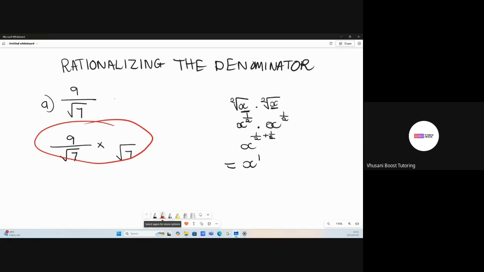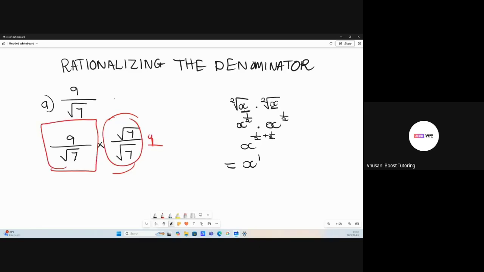So how do we make it the same expression? We just have to multiply by a 1. Multiplying by a 1 means that in the numerator, I have to say the square root of 7 as well, so that this whole thing is just the 1. And then this expression is still the same as the top part.